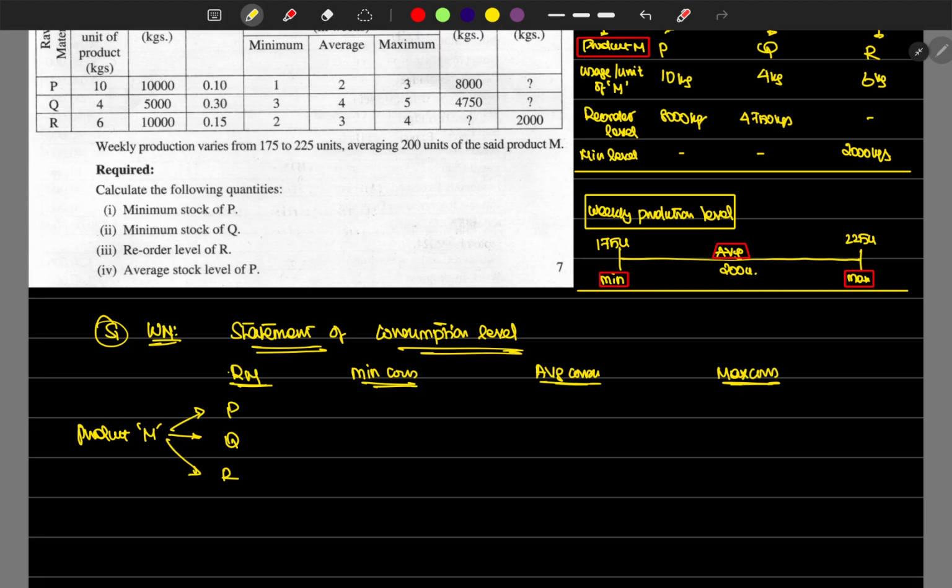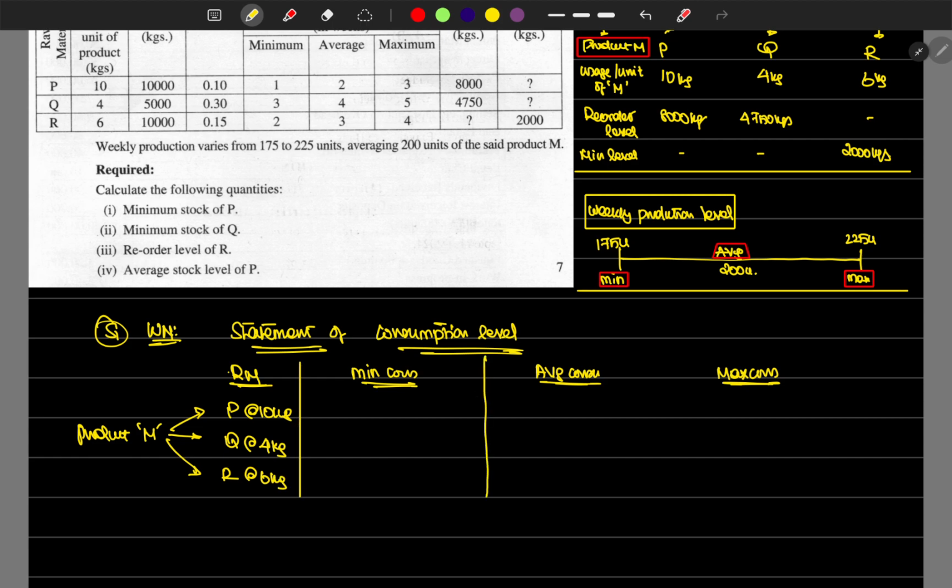To produce one unit of product M, we require 10 kgs of raw material P, 4 kgs of Q, and 6 kgs of R.